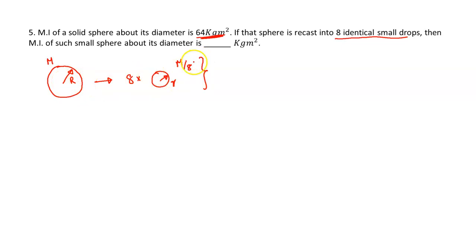So the volume of the big sphere will be equal to 4/3 pi r cube. That will be equal to 8 times the volume of each small sphere. Each small sphere will have a volume of 4/3 pi small r cube. So 4/3 pi will get cancelled out. Taking cube root on both sides, we can write r is equal to 2 into small r. Small r will be equal to r by 2.